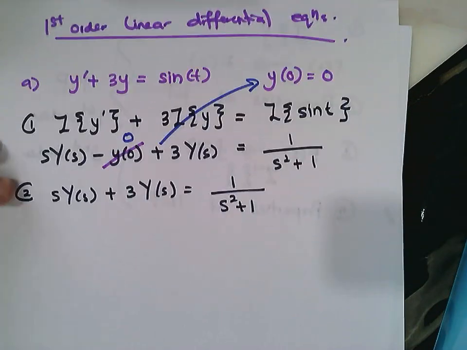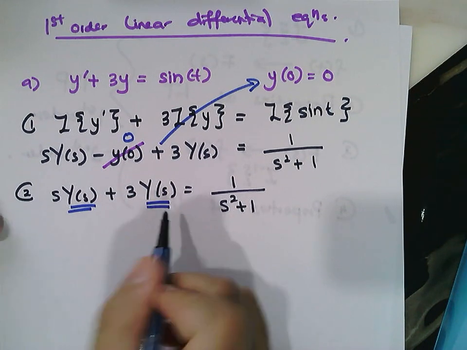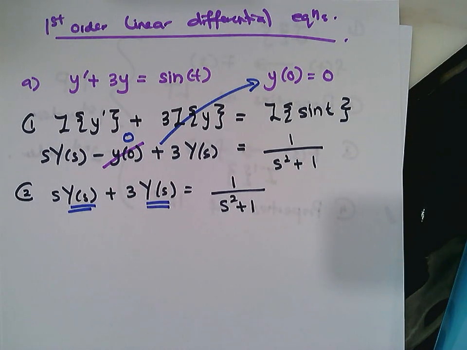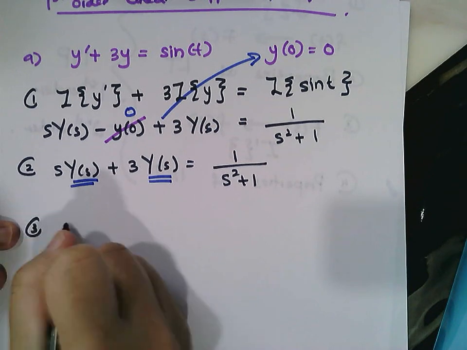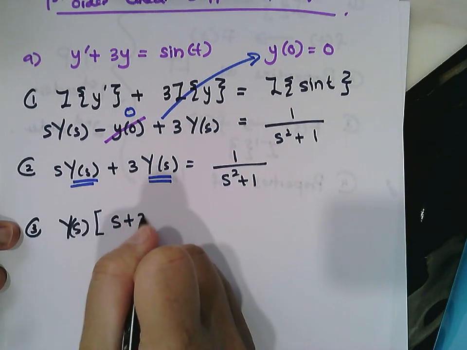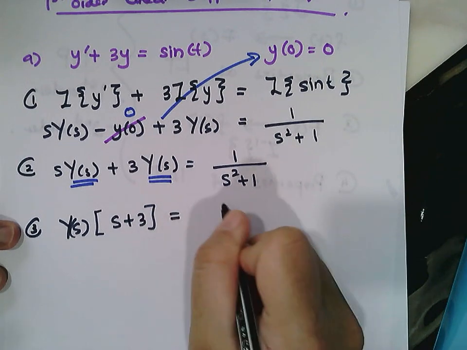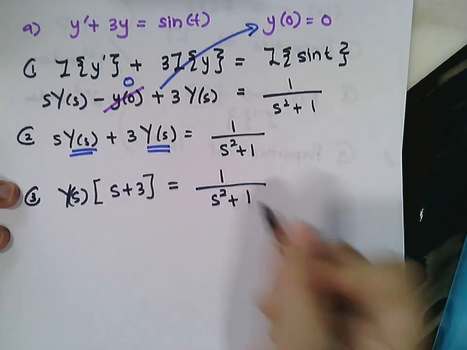Okay, so as you can see here, this is Y(s), this is Y(s), so you can factorize Y(s). So step number 3 is for you to solve your Y(s). Factorizing Y(s) will give you (s + 3) Y(s) equals to 1 over s squared plus 1.